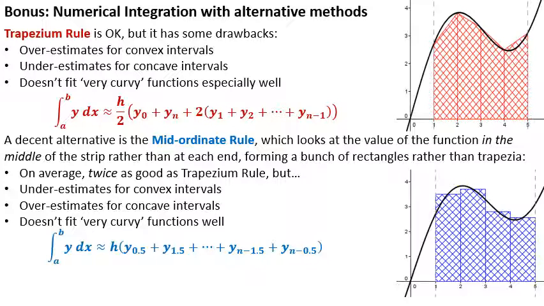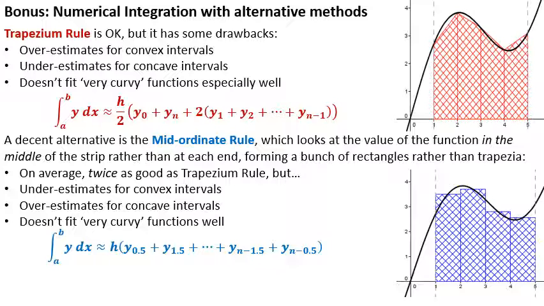This diagram will help you to see more clearly how mid-ordinate rule works. The idea is you calculate the height of the function between the two x ordinates. That's why our y ordinates are written as y 0.5 and y 1.5 and so on. Y 0.5 is effectively halfway between x0 and x1 evaluated with the function.